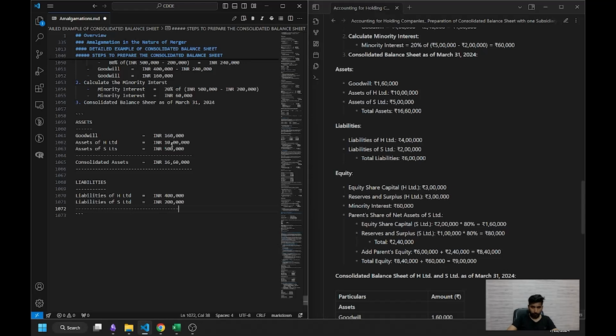So consolidated liabilities will be rupees 6 lakhs.